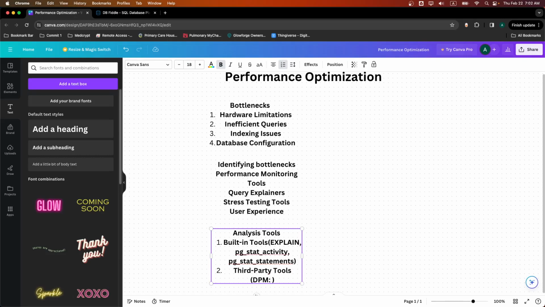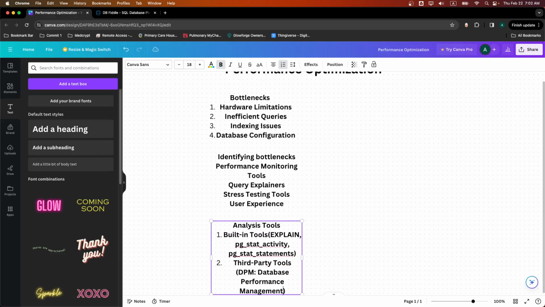So DPM stands for database performance management. What it helps you do is provide comprehensive dashboards, and you can do real-time monitoring, and you can also look at some historical analysis.